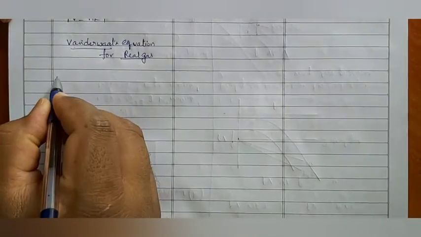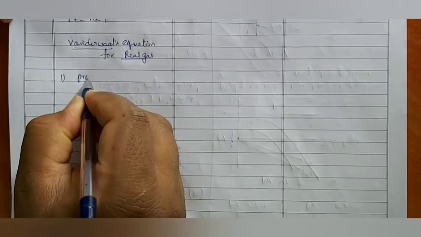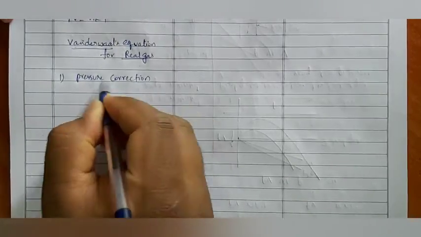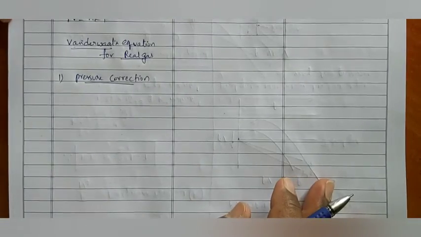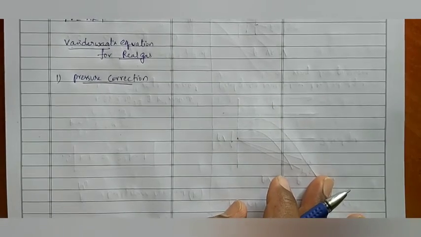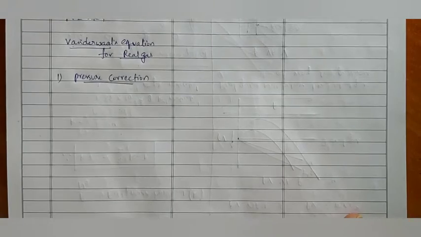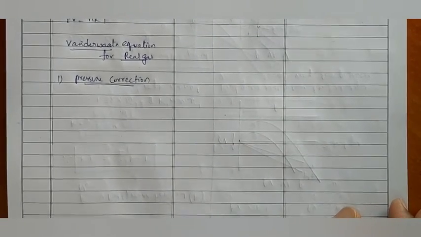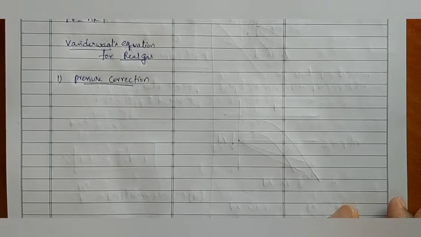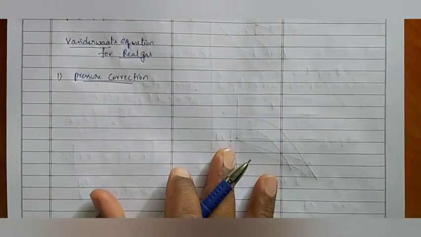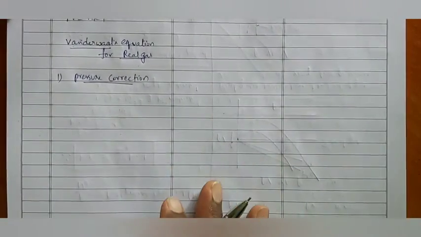That's why first side heading, that is pressure correction. First correction is pressure correction. Let us see how we are going to deal this one. We will see how we are going to do the pressure correction. Observe carefully.